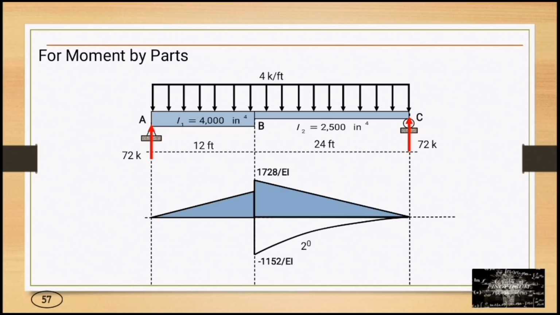For reaction at A, we have 864 over EI. For uniform load at segment AB, we have negative 288 over EI, also a second degree curve.